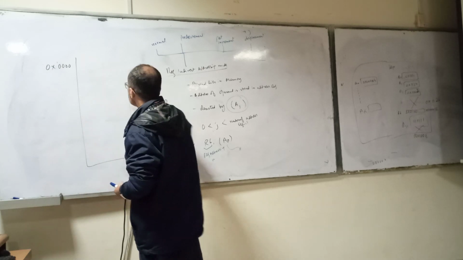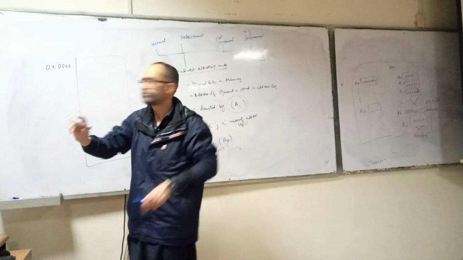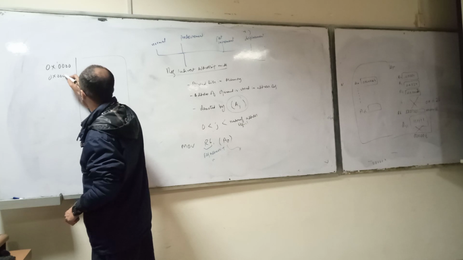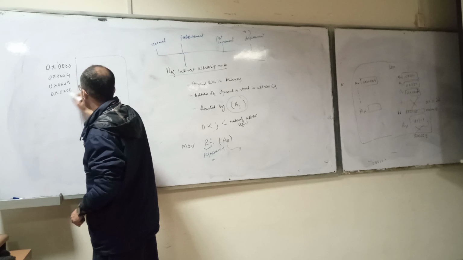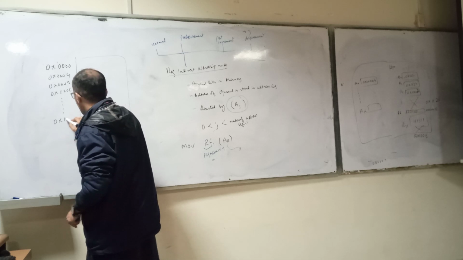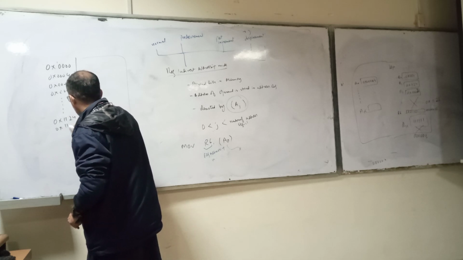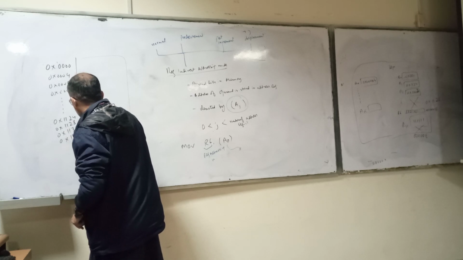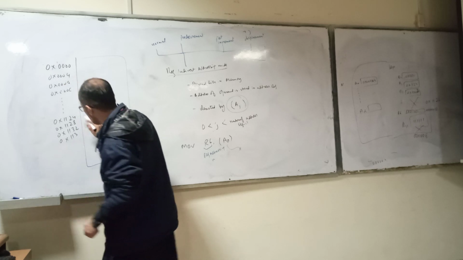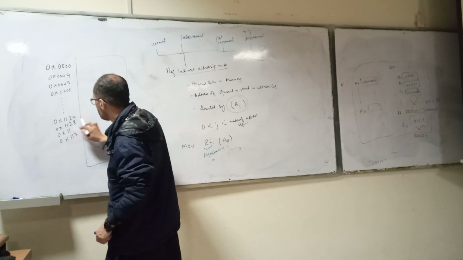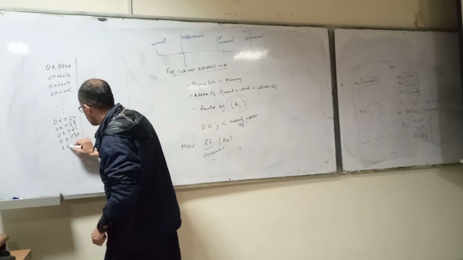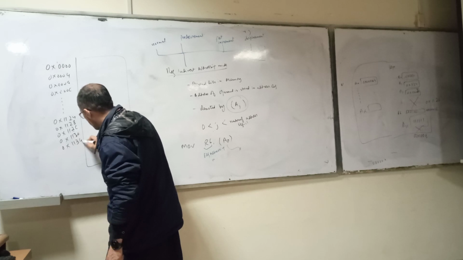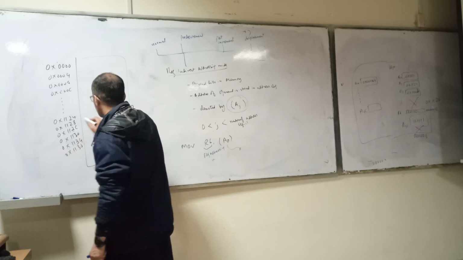I'm using small addresses just for simplicity: 0x0004, 0x0008, 0x000C, and so forth, then 0x1124, 0x1128, 0x112C, 0x1130, 0x1134, 0x1138, and so on.